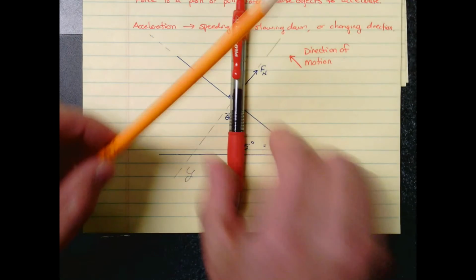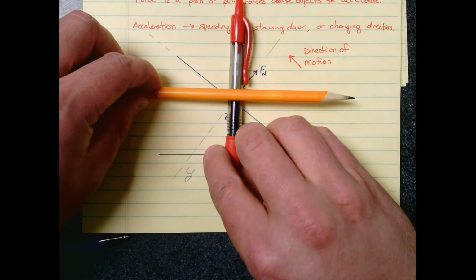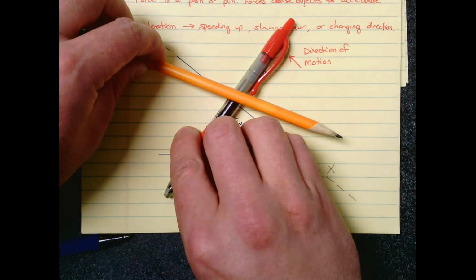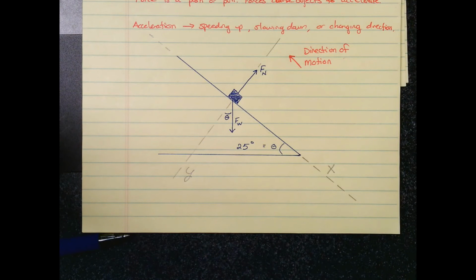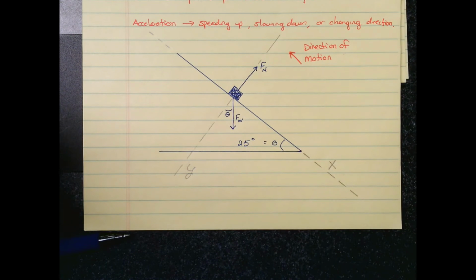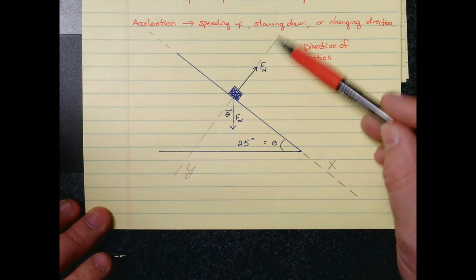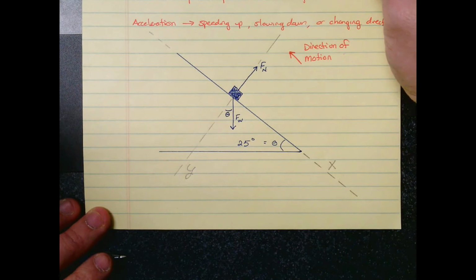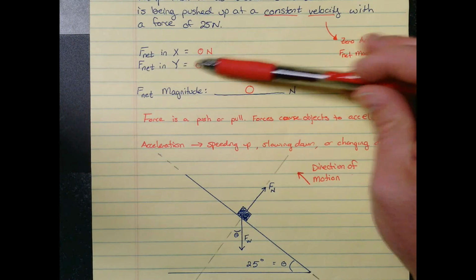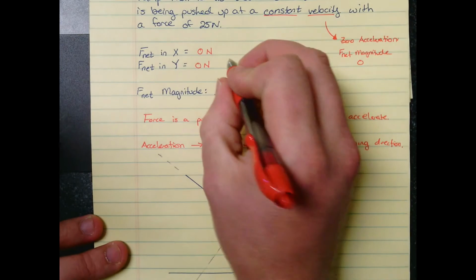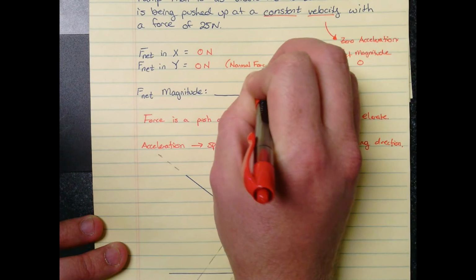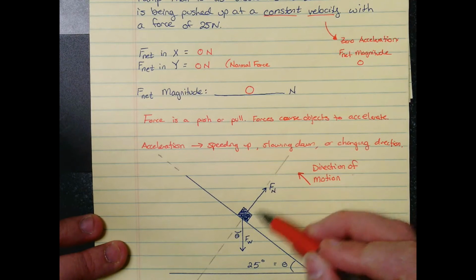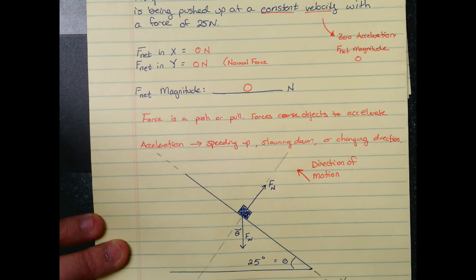Now this rotation allows us to use the normal force, which is along Y. So your F net Y is going to include the normal force, because the normal force right here is acting along the Y axis, which I have defined.